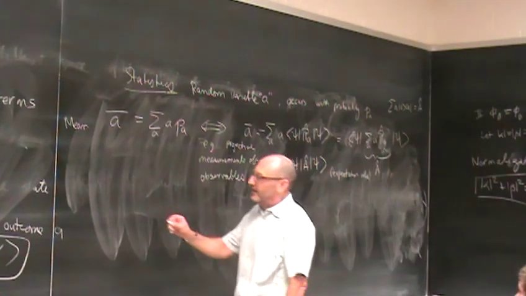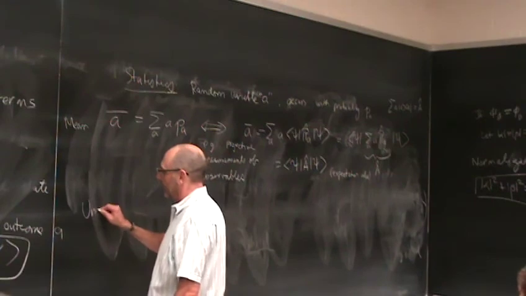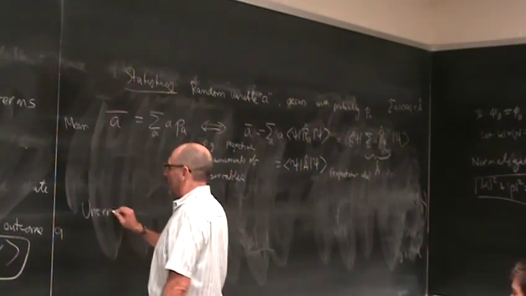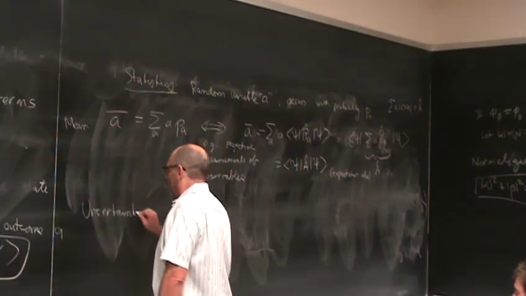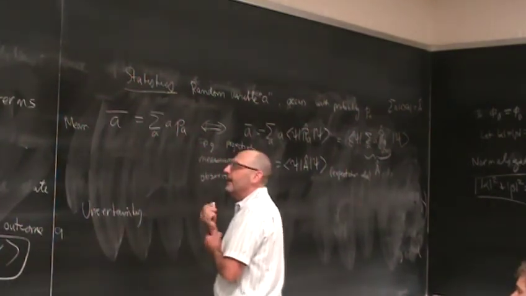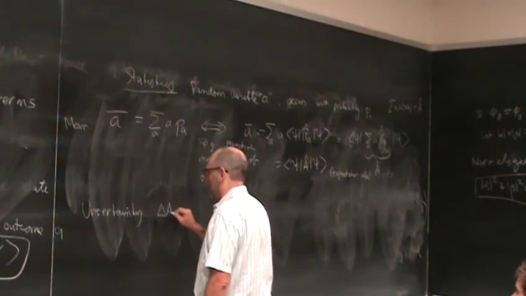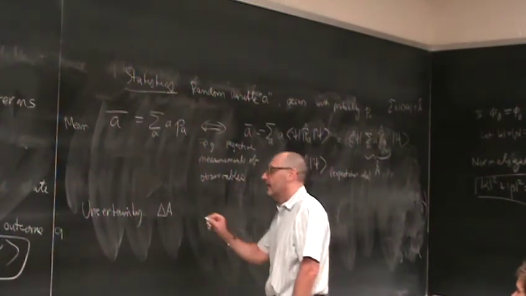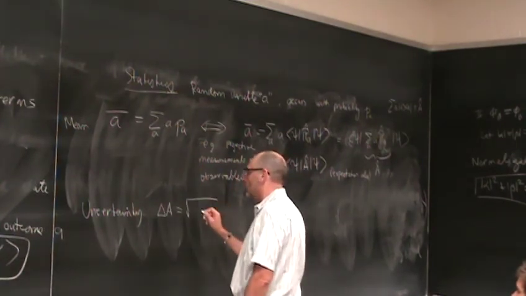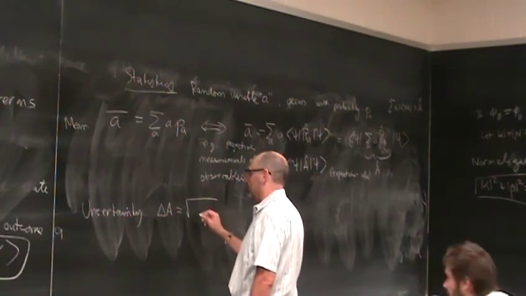We also have, of course, uncertainty. This is the fluctuation we'll see in a measurement about the mean, defined as the square root of the variance.